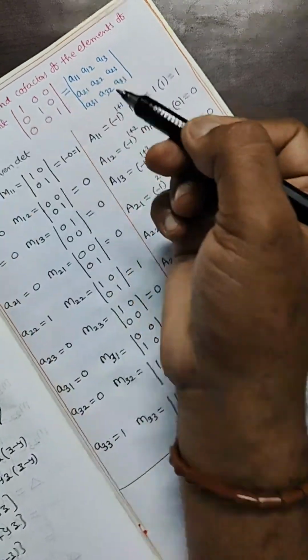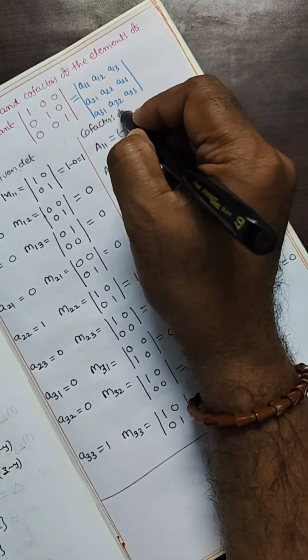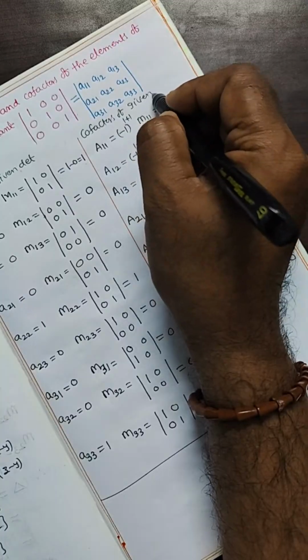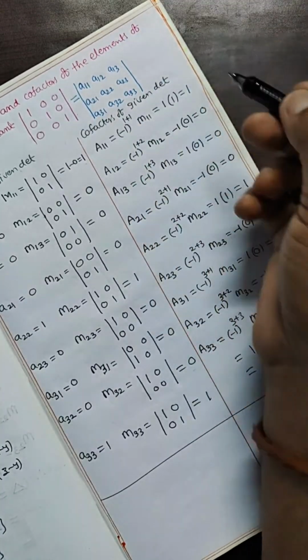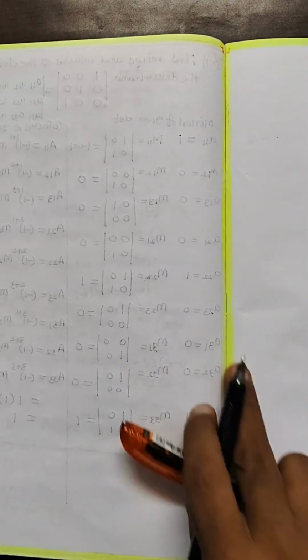These are the cofactors of the given determinant. Given determinant means every element of that. Okay, we'll go to the last question in this session.